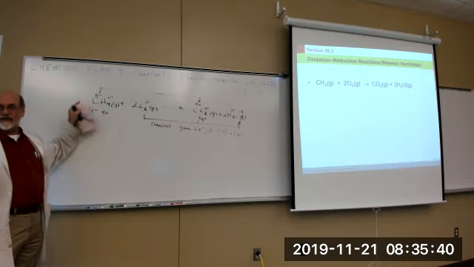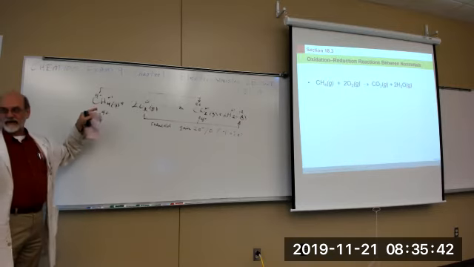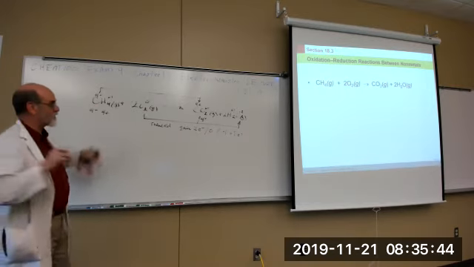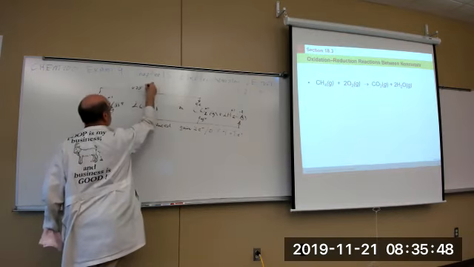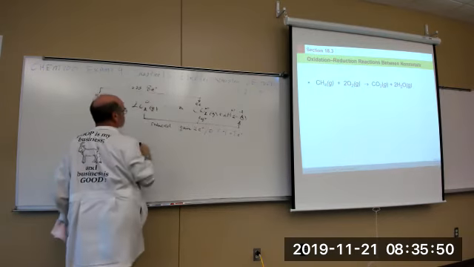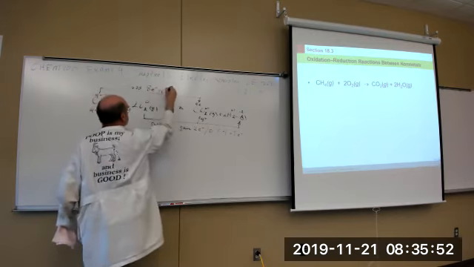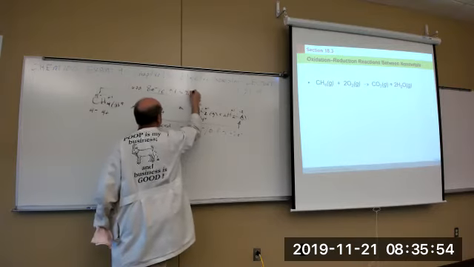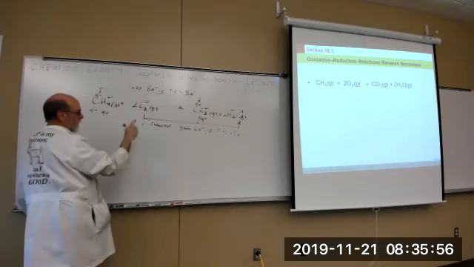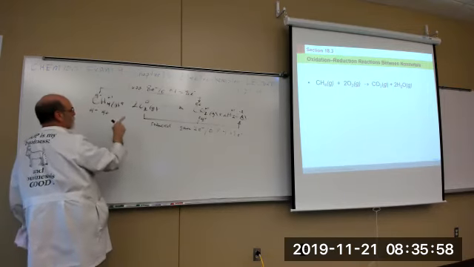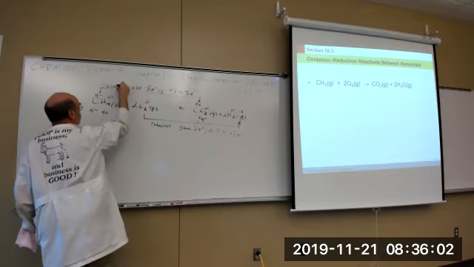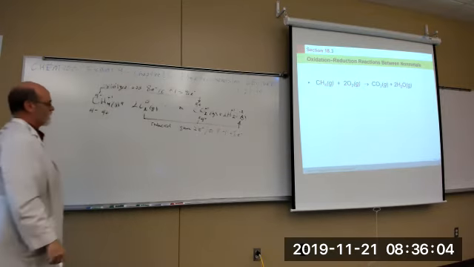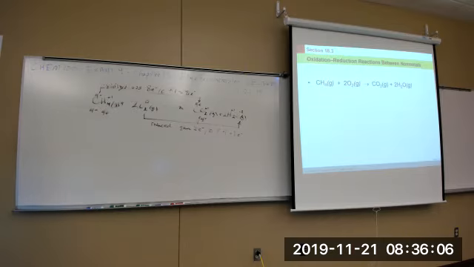So from 4- to +4, you actually lost 8 electrons per carbon, times 1 equals 8 electrons. So we gained and lost the same number of electrons in this process. Okay?